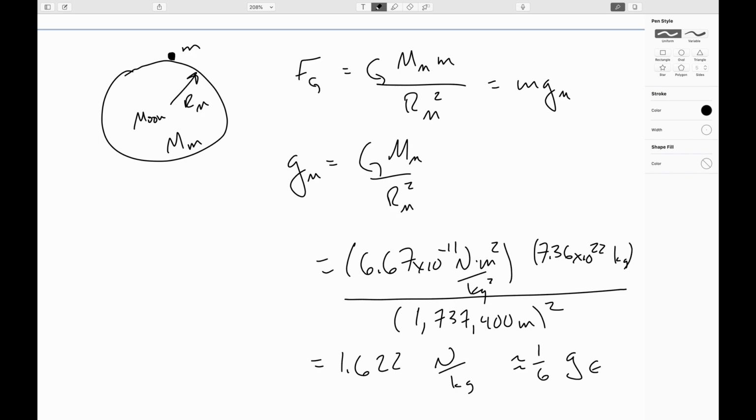You push off with your back foot and swing over your front foot and then fall down and catch yourself with the back foot, now having been swung over to be the new front foot. The length of our limbs and everything is pretty much built around g being 9.8 newtons per kilogram, not 1.6.